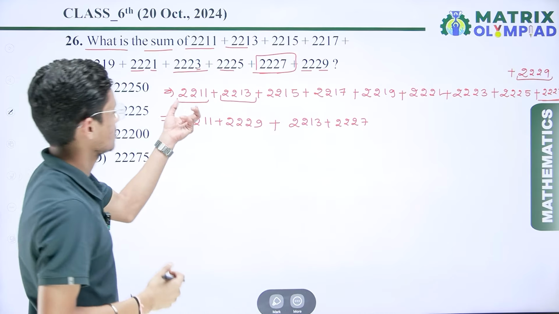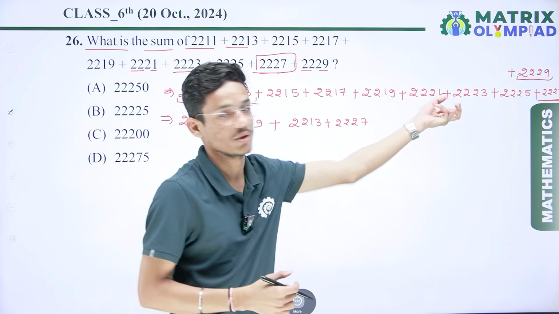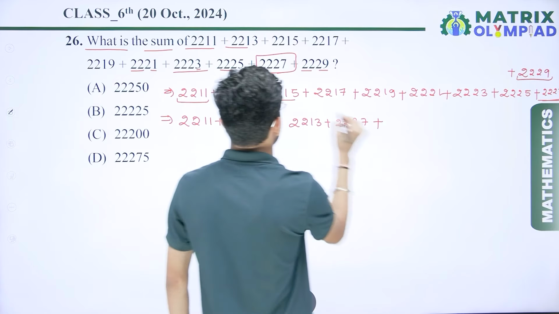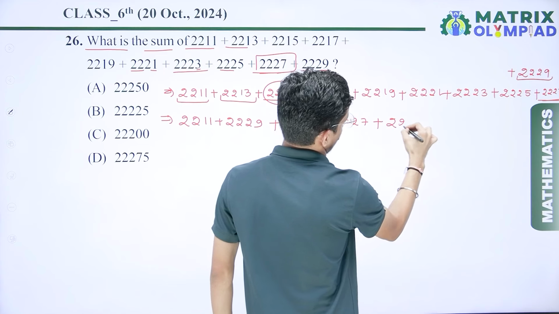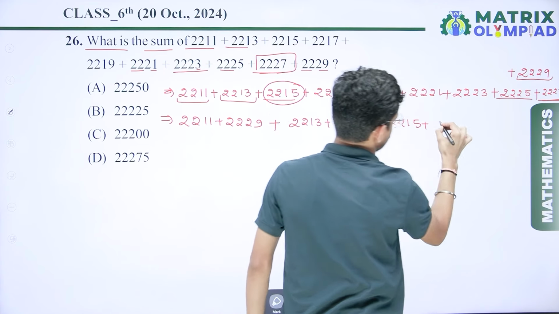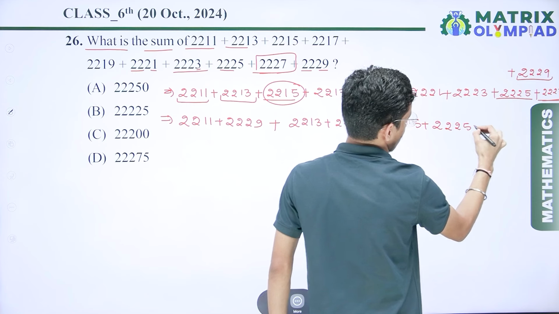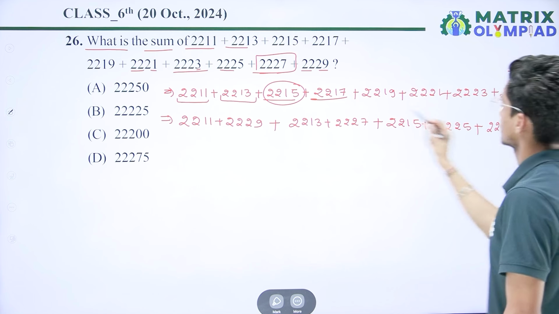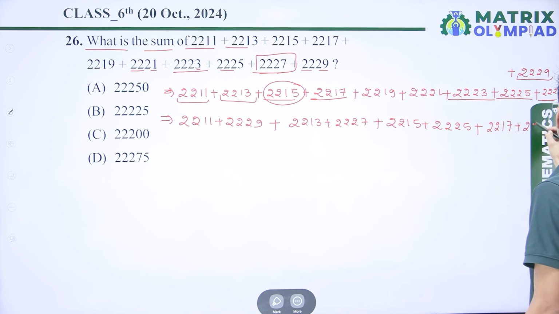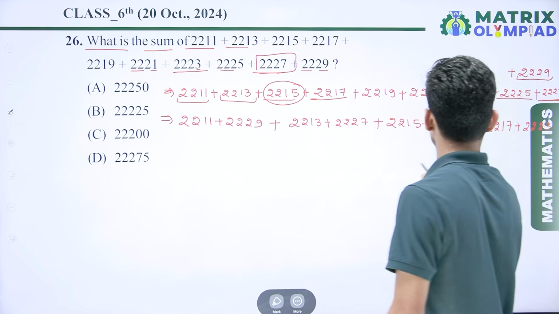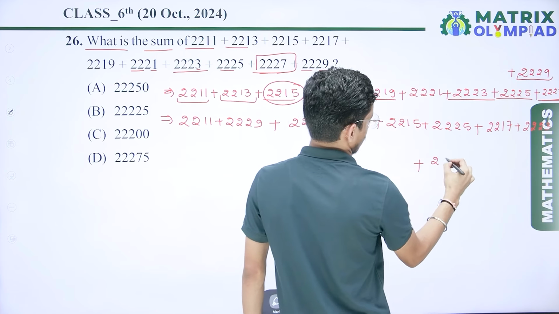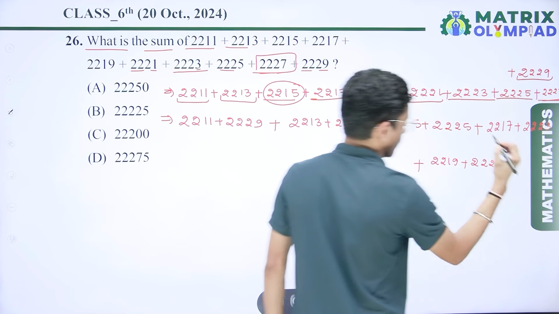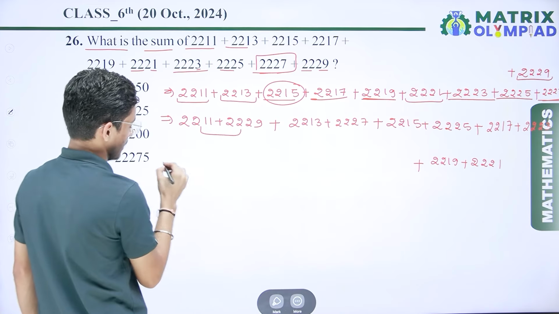So we add the first number from the start and the first number from the end, because here we can easily calculate the numbers. Now the next one, if we add 2215 plus the last third, 2225, again if we add 2217 plus 2223, again if we add 2219 plus 2221.